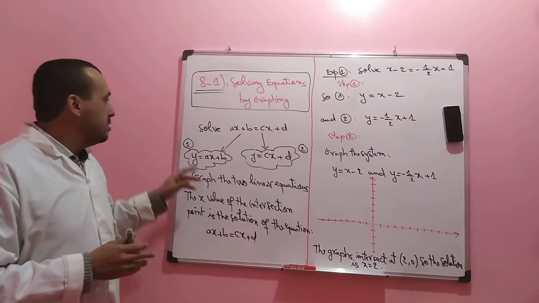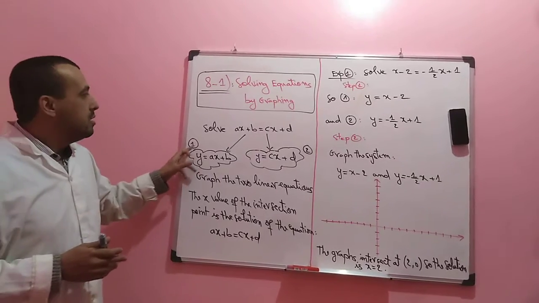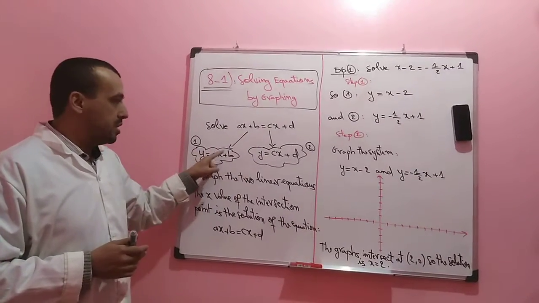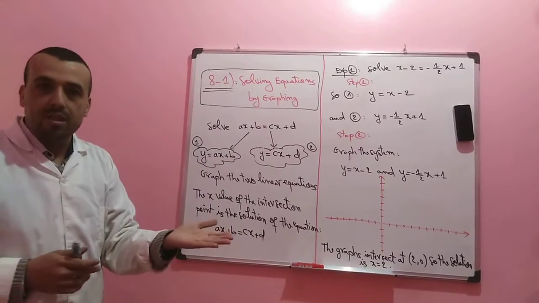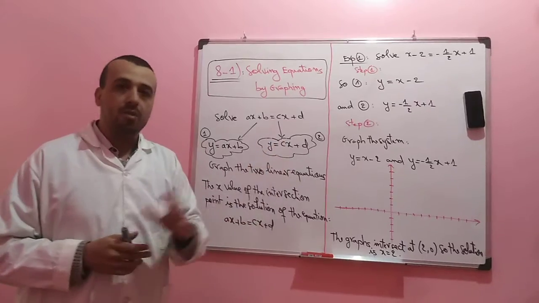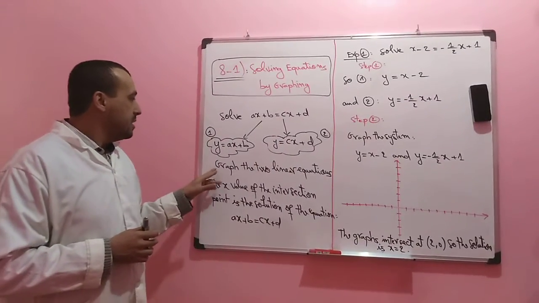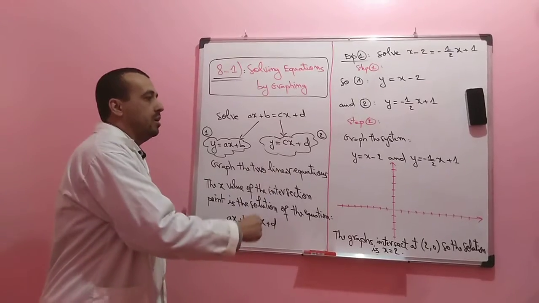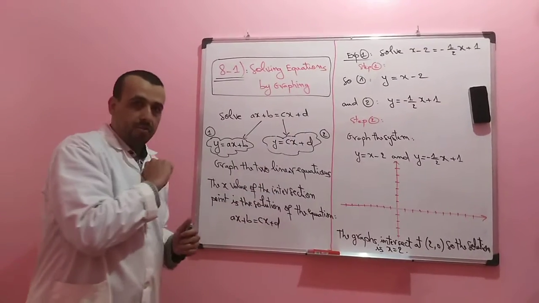We plot equation number 1, from the first side, y equals ax plus b, and the second equation, from the second side, y equals cx plus d. So we graph these two linear equations, and then we show it in the example.